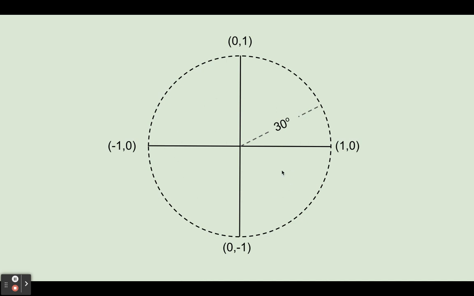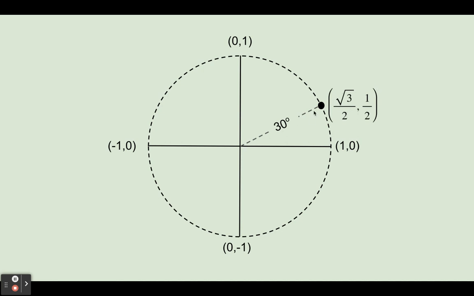So if I were to do 30 degrees, start at the origin and go 30 degrees for this line, then the ordered pair right here would be rad 3 over 2, comma 1/2. Just like the ordered pair here is 1, 0. Now, how do I know that? That's the question.